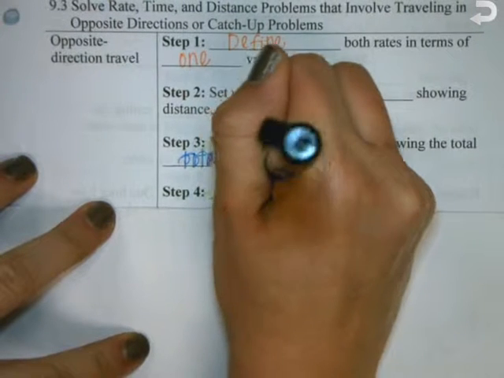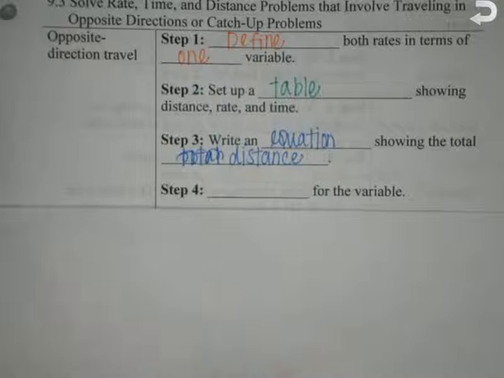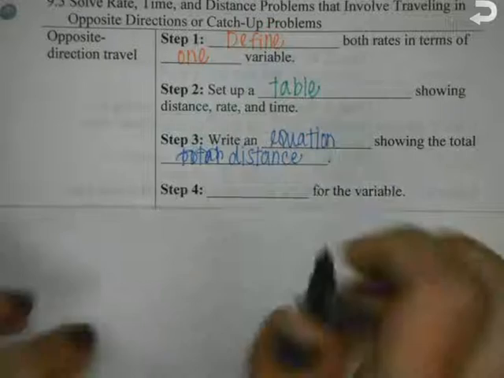So you're going to write an equation showing the total distance, because if I'm traveling 60 miles per hour south, I'm traveling a different speed and a different distance than Ellen is traveling, because she's going a little bit faster than me, right? But I want to know how long it's going to take us to be 100 miles in between us. Okay, so Ellen will travel a little bit further of that 100 miles than I will. And then the last step, we're going to solve for the variable.